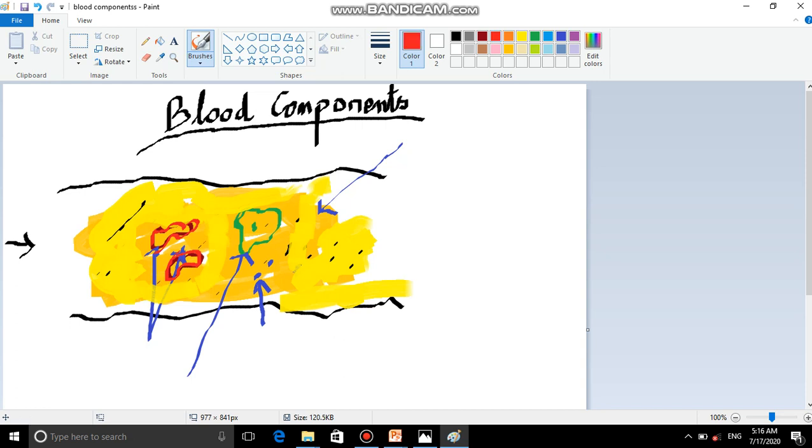Like you can see, these are RBC, red blood corpuscles, suspended in plasma. Then white blood corpuscles like this.